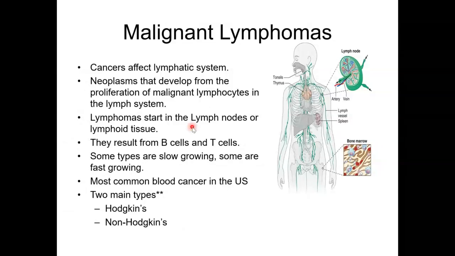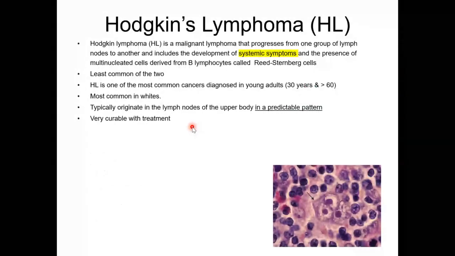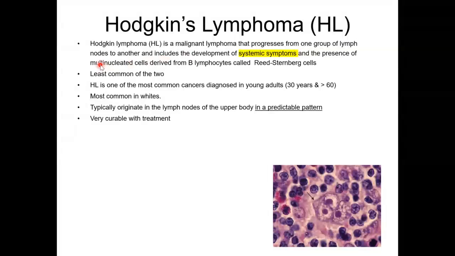The second one, viral infection. Cancer spreads from one group of lymph nodes to another, and the presence of multinucleated cells derived from B lymphocytes called Reed-Sternberg cells.